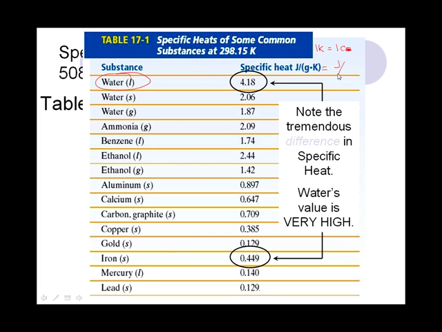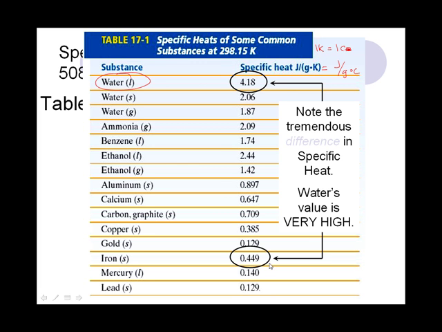Joules per gram K is the same thing as joules per gram degree Celsius. Okay? And you can see that water has a specific heat capacity of 4.18 joules per gram Celsius, which means that it needs twice as much energy to raise the temperature of liquid water than solid water, which is ice. And a gas is even easier to raise its temperature by 1 degree for every gram of water.